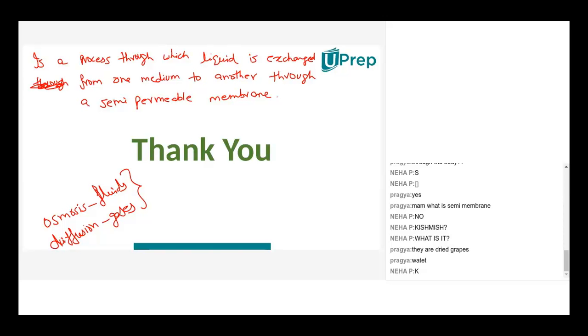Now, I wanted to ask, it is clear to me that there is an exchange from one medium to another. But what is a medium? In the case of a raisin, the raisin is one medium and water is another medium. This is medium number 1, this is medium number 2. So from here to here it came.